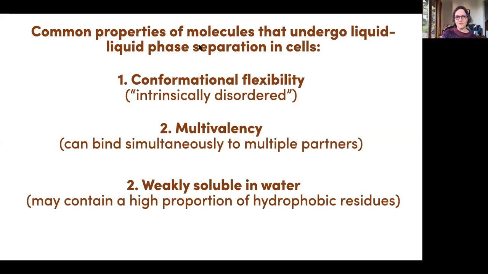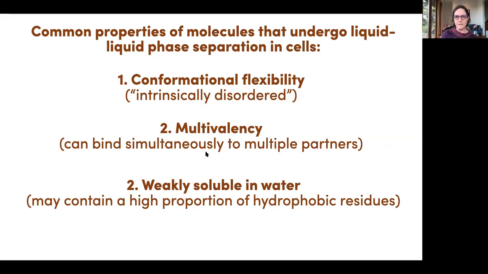So, I've mentioned a few properties of molecules that tend to undergo phase separation within cells to form liquid-like compartments. One of them is that they tend to be highly flexible proteins, like those FG repeats with the glycines. That makes them conformationally flexible, and I'll explain in a second why that's relevant.